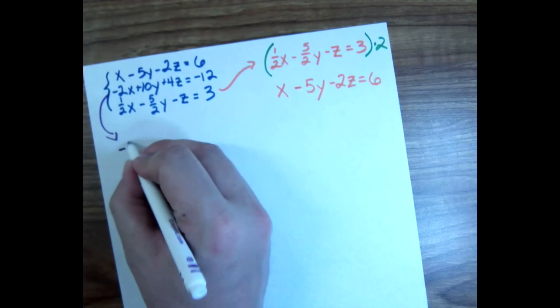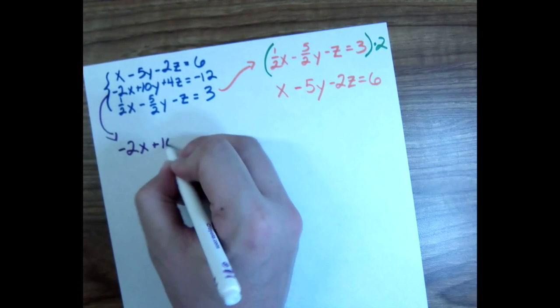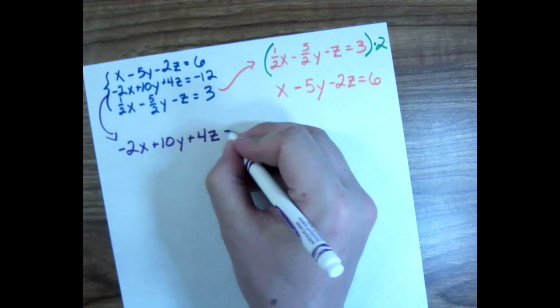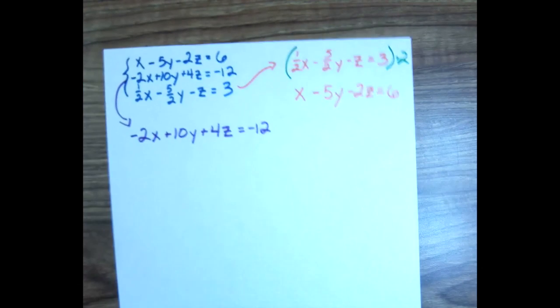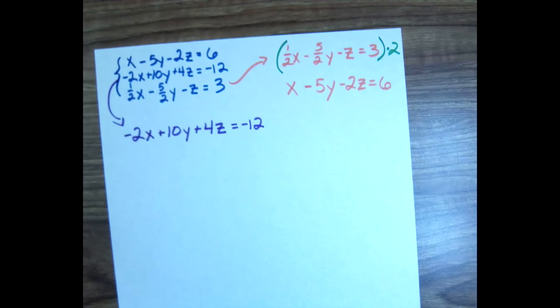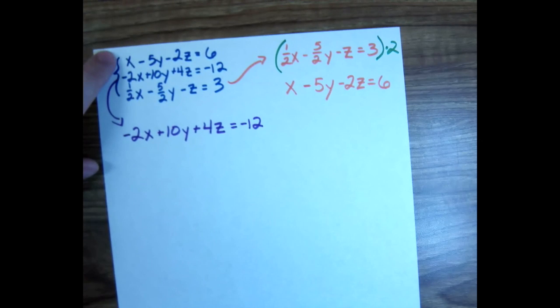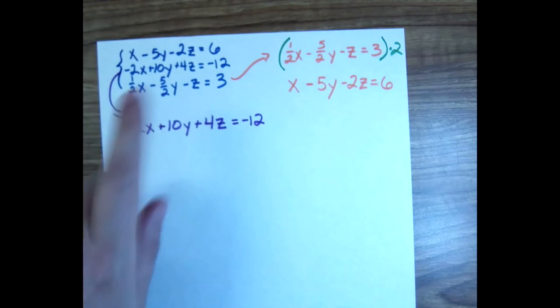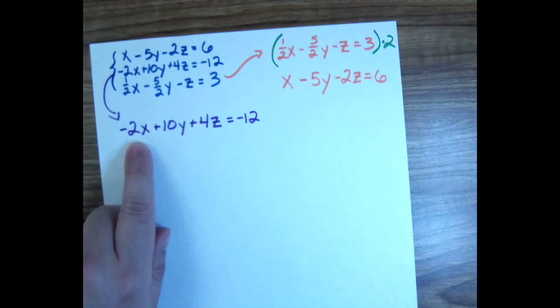This would be negative 2x plus 10y plus 4z equals negative 12. Is there something I could do to make that one look the same? Now notice this x had a coefficient of 1. What could I do to make this x have a coefficient of 1?